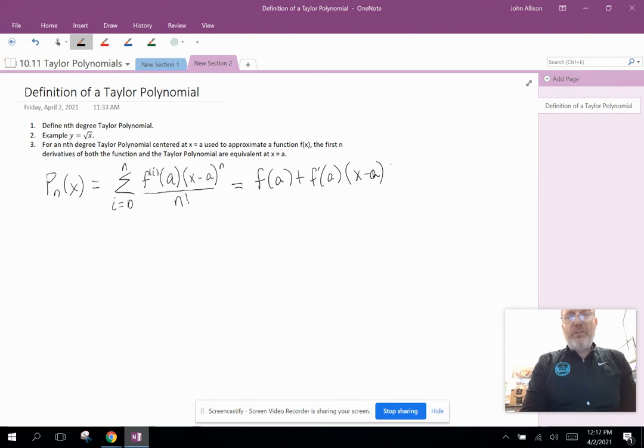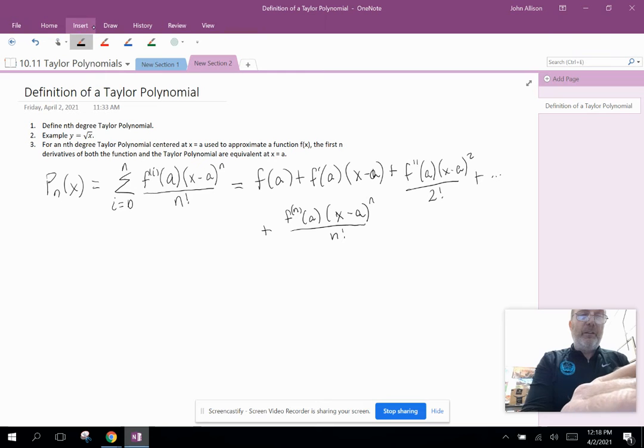And then if we were doing a second derivative, it would be f double prime evaluated at a times x minus a squared over 2 factorial. And then plus dot dot dot, and I'm going to carry on down here, plus, and this is going to be finally the nth derivative of f evaluated at a times x minus a to the nth power over n factorial.